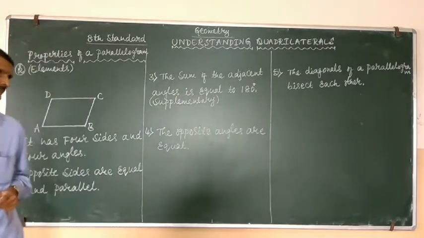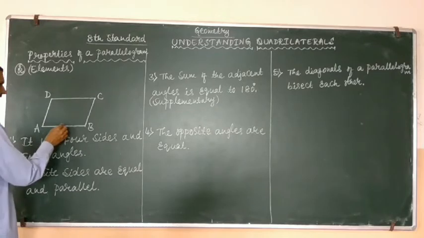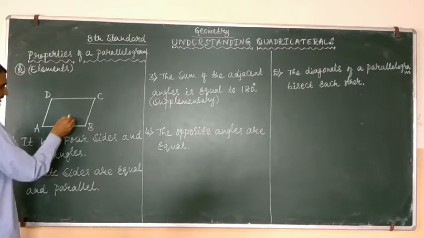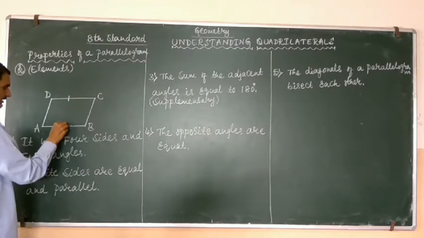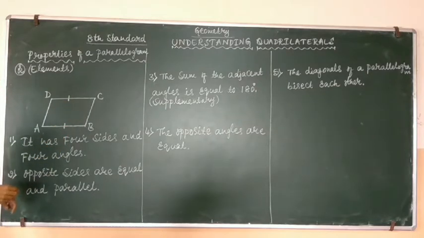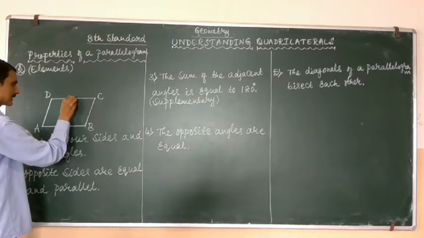So according to the definition, side AB must be equal to side CD. This is one pair of opposite sides that are equal and also parallel.